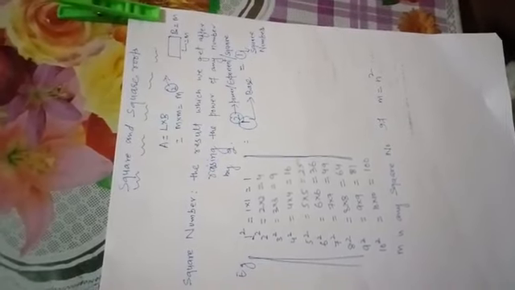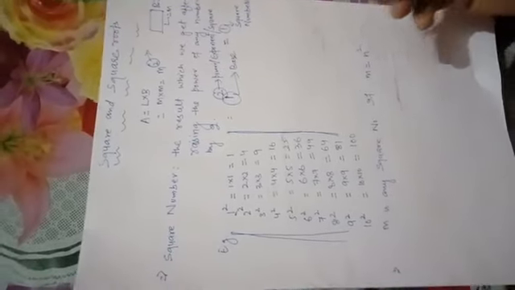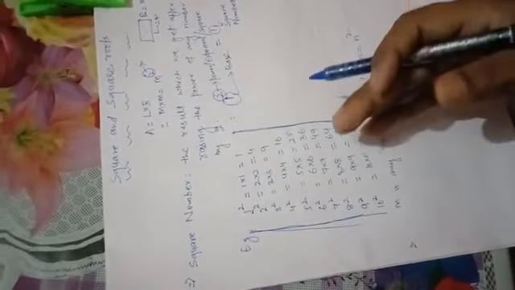Now when we go through its properties, we will find many properties. Let's find out first, from the squaring of 1 to 10, what properties we are getting from it.